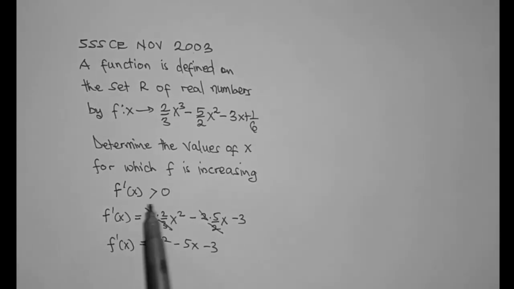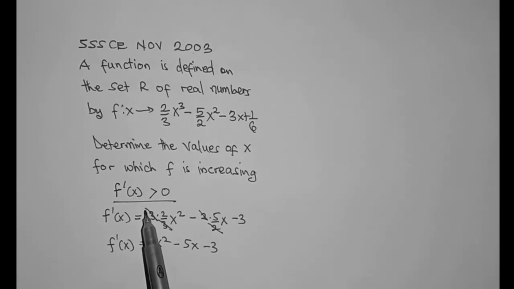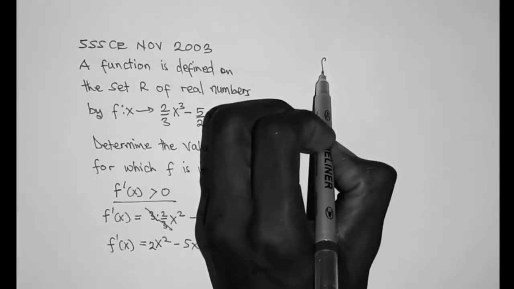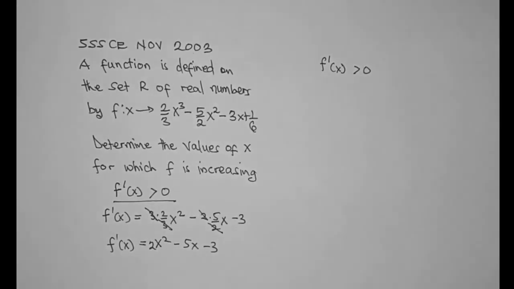But we've already said that the values of x for which f is increasing is the values of x for which f prime of x is greater than 0.